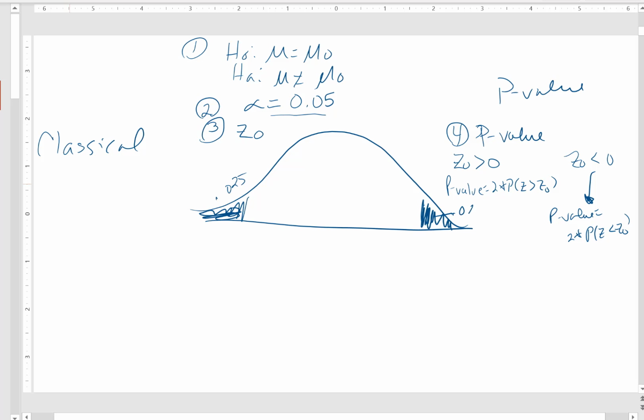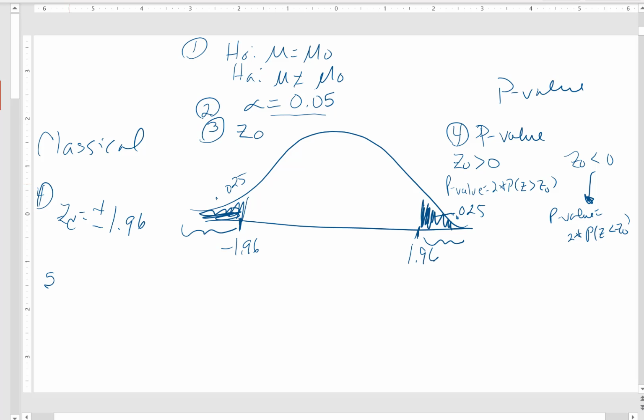We get the critical value for 0.025, and if you remember what that was, when I had alpha, it was 1.96, and this was negative 1.96. So what happens here is now this is my critical region, anything less than negative 1.96 and anything greater than 1.96. So for the classical method for step 4, you'd have 2 critical values, plus or minus 1.96.